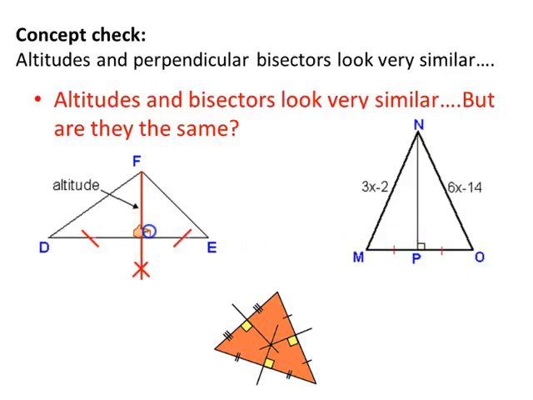There's a 90-degree angle in our perpendicular bisector and a 90-degree angle in our altitude. But look how our altitude intersects the side opposite of our vertex. It doesn't divide the segment opposite the vertex into 2 equal parts, whereas to be a perpendicular bisector, we have to intersect into 2 equal parts. In this case, this is the perpendicular bisector.